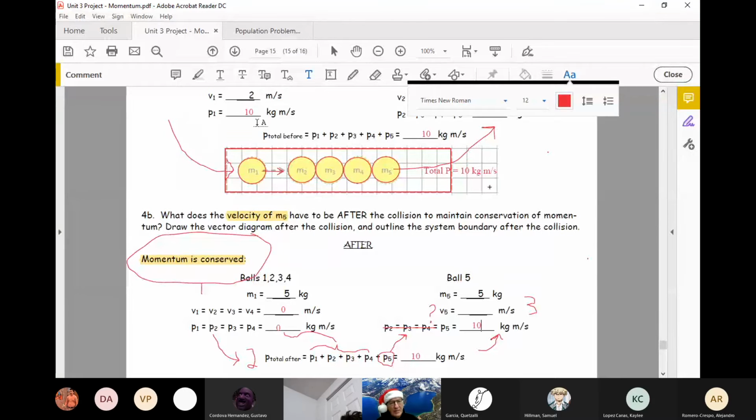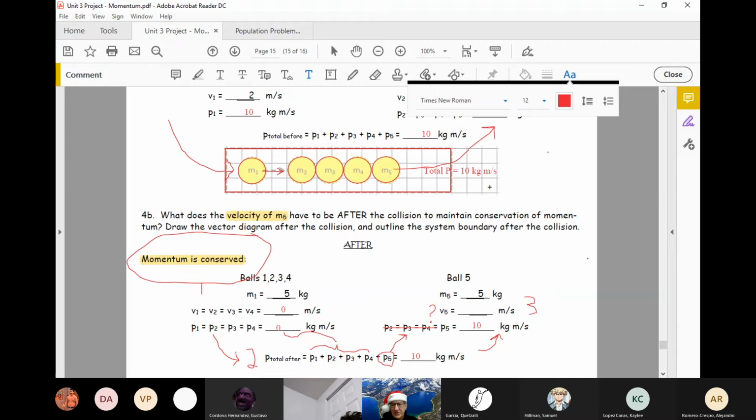And as we remember back here, ball 1 had a momentum of 10 kilogram meters per second. And the same thing is true for ball 5. All of its momentum was transferred to that ball. Finally, we can work backwards using algebra to figure out the velocity.